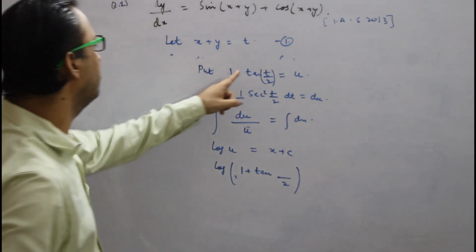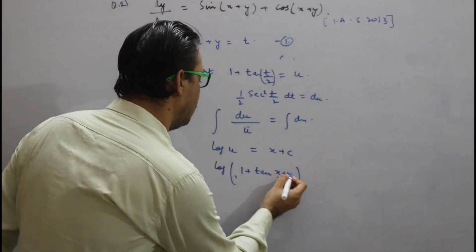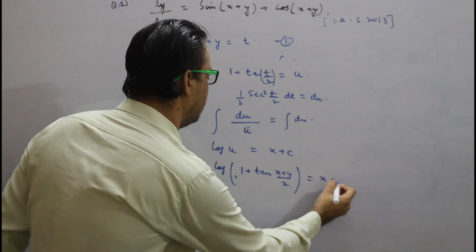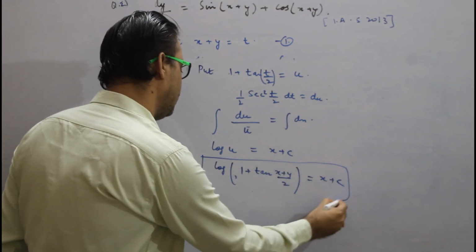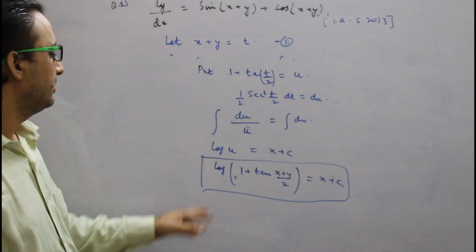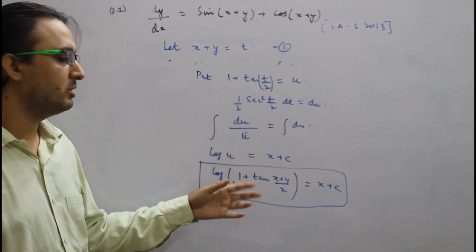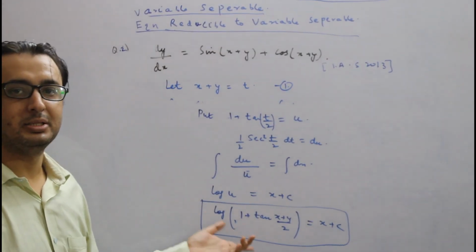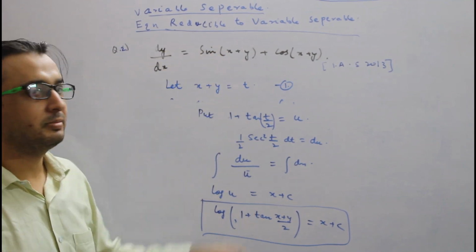We also know the value of t, x plus y. So this gives our answer. So this requires substitution and further substitution and back substitution. So this is our answer, and this kind of question keeps coming. So these are the basic ingredients of this chapter on reduction to variable separable.